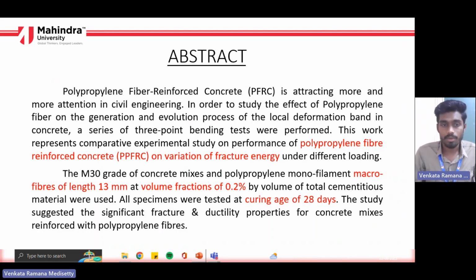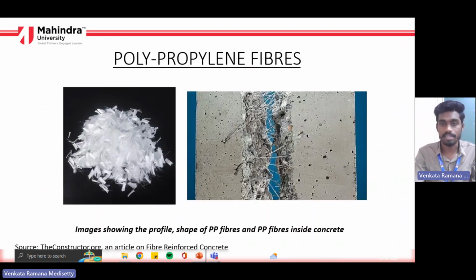And coming to my work, I'll be focusing more on fracture energy under different loading by casting a number of samples, which I went with M30 grade, and the fibers I took were 13 size, with a volume fraction of 0.2% replacement of total cementitious material, and all the specimens cast underwent 28 days of curing, and results are discussed further in the next slides.